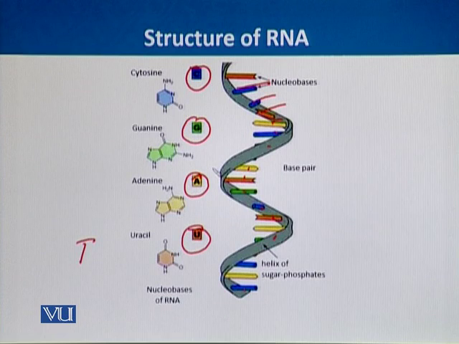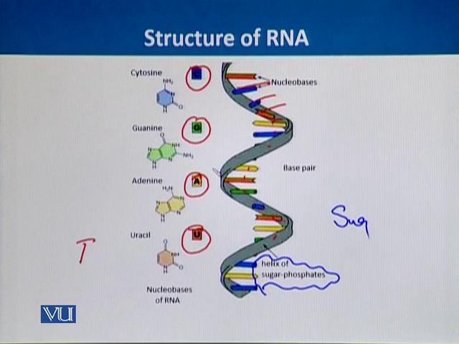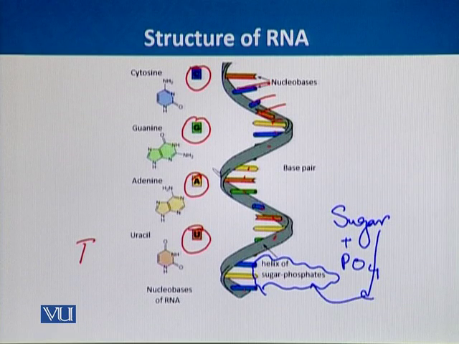The other common thing in RNA and DNA is the sugar-phosphate backbone. As we have remembered, in DNA there is also a backbone composed of sugar molecule, that was the deoxyribose sugar, and phosphate molecule, and they both combine to form the sugar-phosphate backbone.